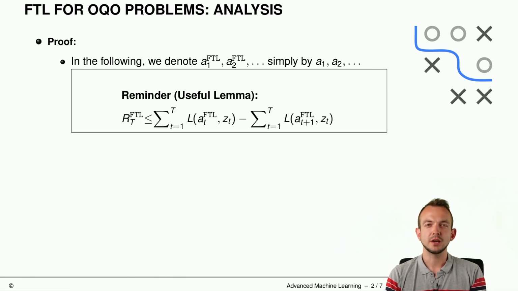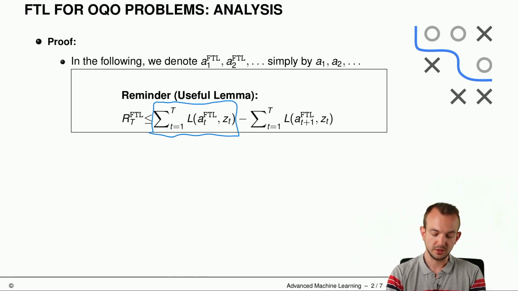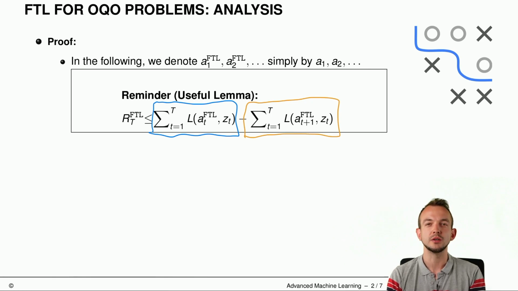And let us remind ourselves with our short-term memory box here about the useful lemma we have shown, namely that the regret of the follow the leader algorithm till the time horizon capital T is reached is bounded by this difference of two cumulative losses. The one is the cumulative loss of the follow the leader as it is, and the other is the cumulative loss of the cheater version, which already knows the current environmental data point.